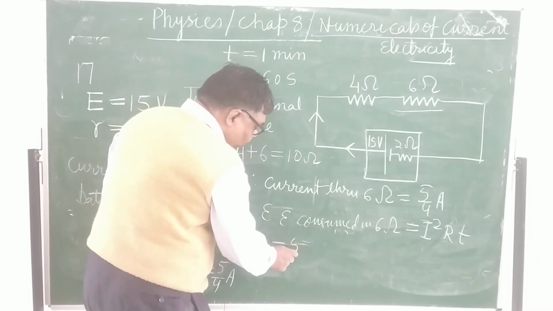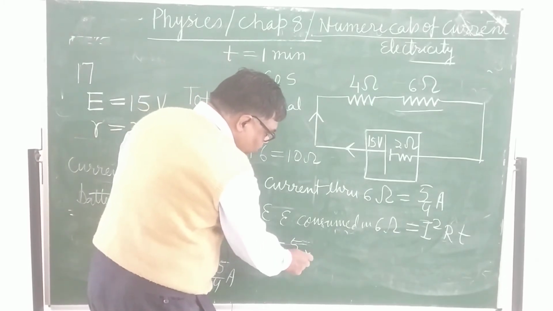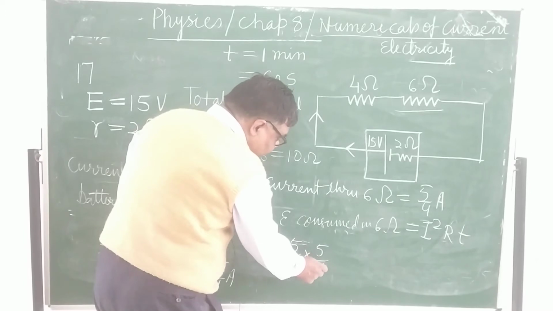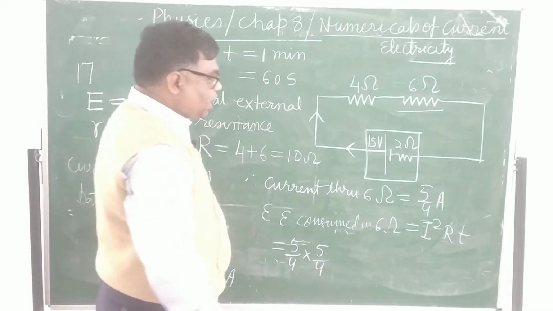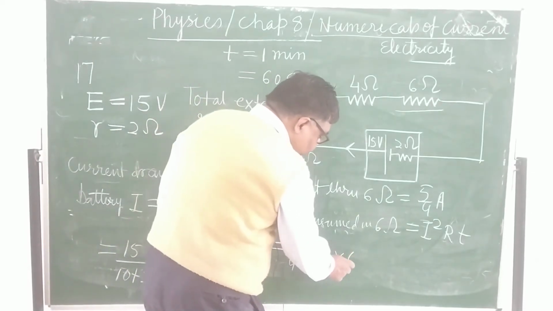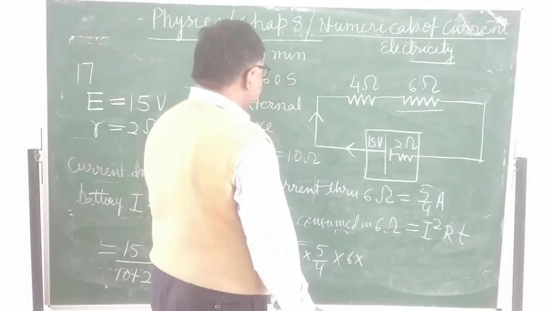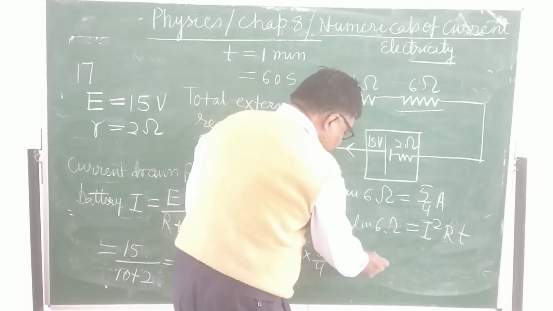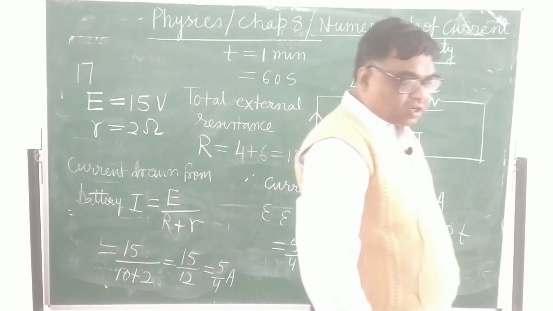I is given 5/4 into 5/4 because it is I square. R is given 6 and time is given 60. So this way you can calculate.